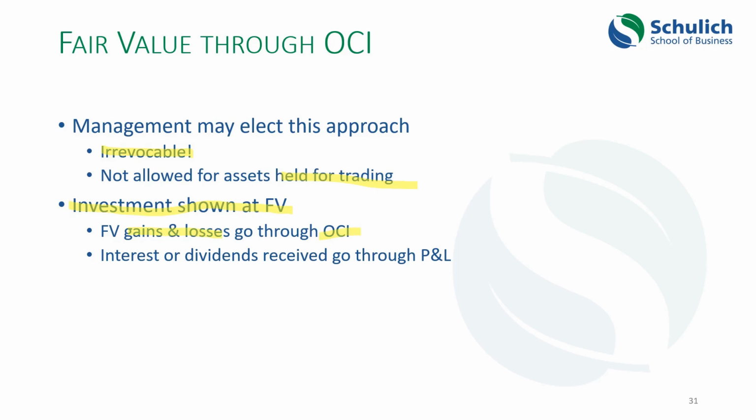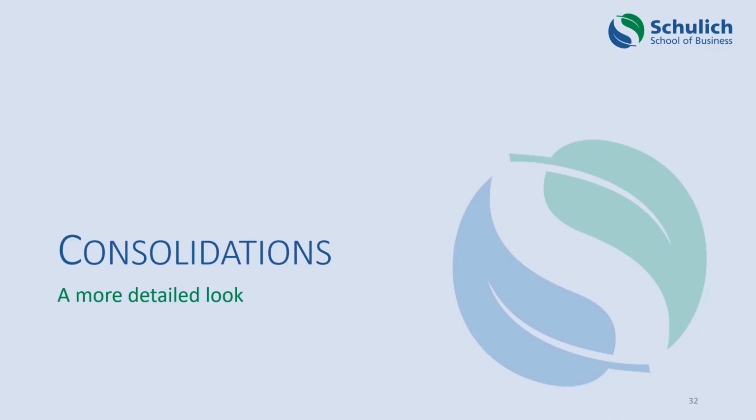They go into accumulated other comprehensive income, so through the statement of comprehensive income and into the accumulated other comprehensive income in the equity section. But the interest or dividends that the company receives do go through the profit and loss. So it's only the difference in the value of the asset itself that is going to go into OCI.